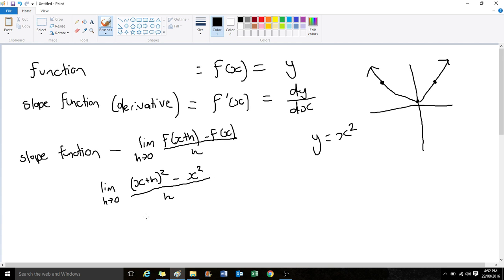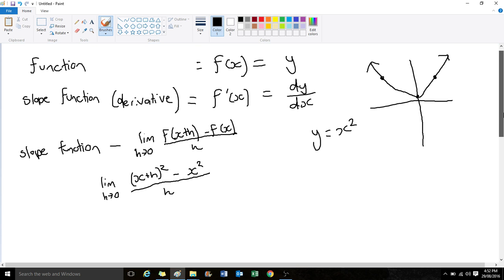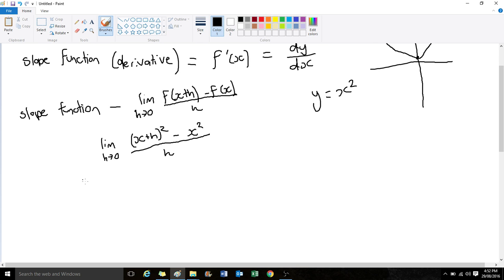Now let's expand. We're going to have the limit as h approaches 0 of x squared plus 2xh plus h squared, take away x squared, divided by h.